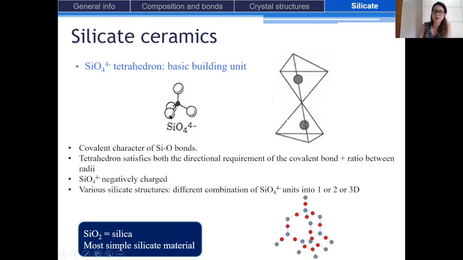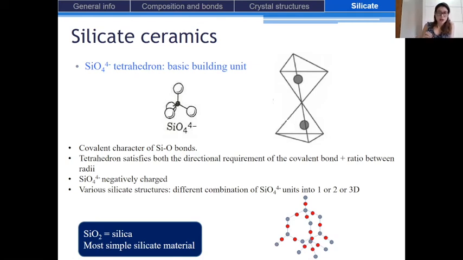So you have this tetrahedron formed by four oxygen anions, one at each corner, and one silicon cation at the center of the tetrahedron. And so you have a unit that is negatively charged, with four negative charges.